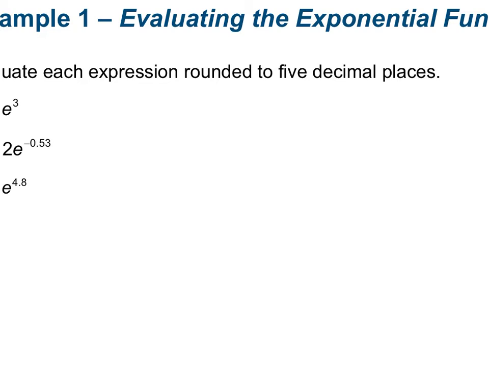If you just put 3 and hit enter, it'll give you the number 20.08553692. If we're rounding to 5 decimal places, that's that 3. So this is 20.08554.